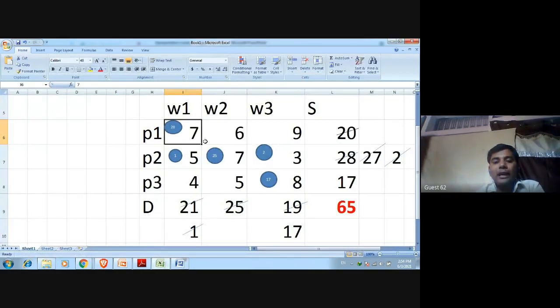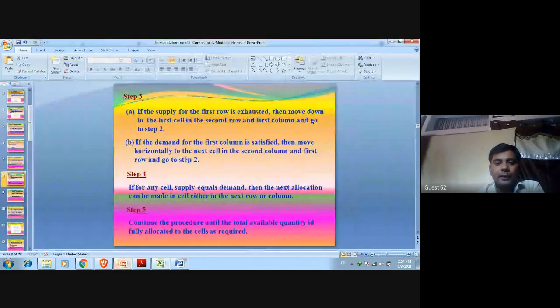Okay. Once your allocation is completed and either supply or demand is exhausted, you have to move ahead. Now, if for any cell supply equals demand, then the next allocation can be made in a cell either in the next row or column. That I have already done.